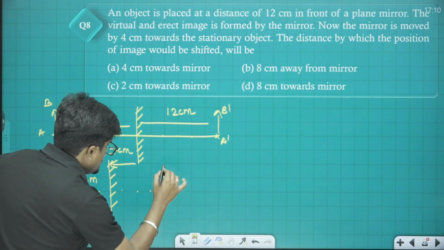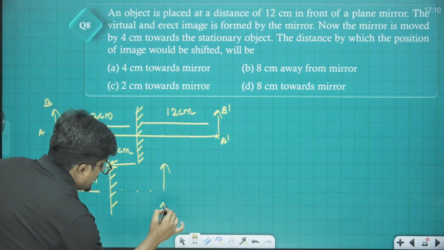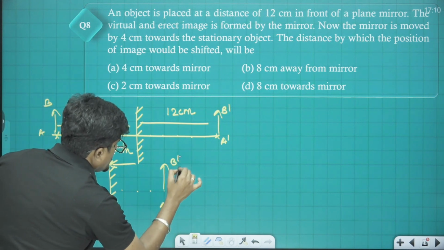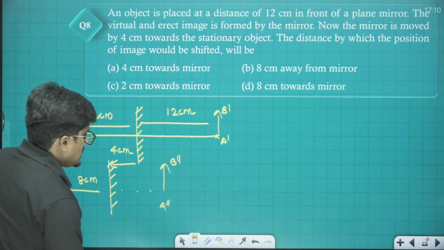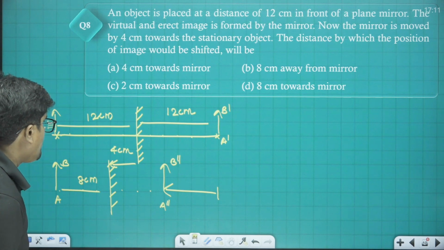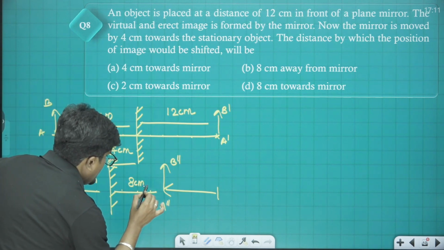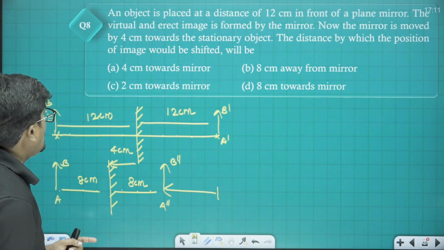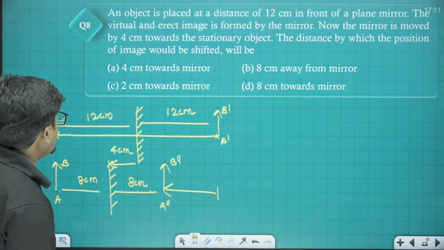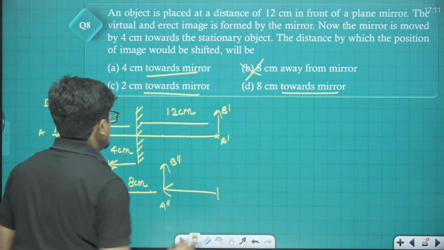So here this is going to be the image now. So here this is AB. Now here this is A double dash, B double dash, the new image. So the thing is, it shifted through this much distance, isn't it? So here this is going to be 8 centimeter. All right. So the shifting is towards the mirror. Away from the mirror is not in the list even.